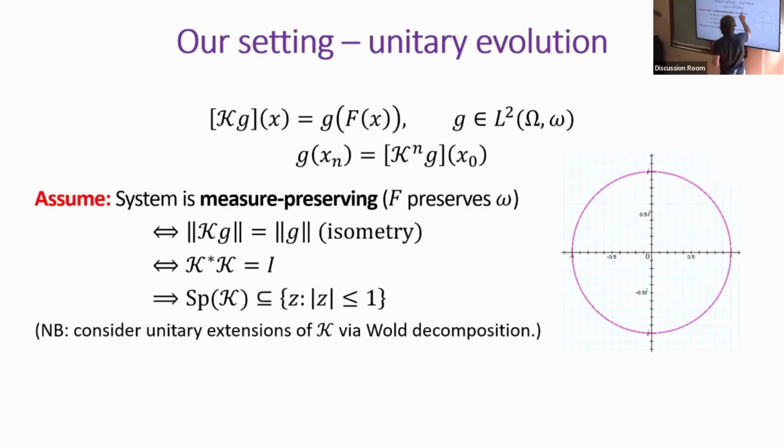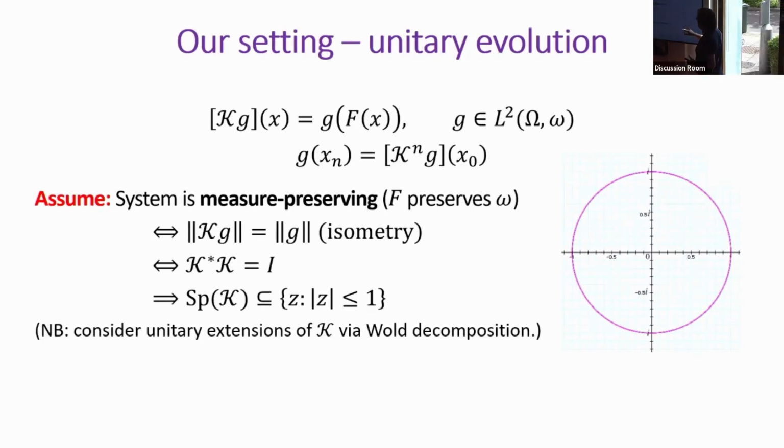So this F preserves the measure omega. This holds if and only if the Koopman operator is an isometry, if and only if K star K is equal to I. And this implies the spectrum is a subset of the disk. Now, if K is invertible, it's a subset of the circle, and the Koopman operator is unitary. If K is not invertible, then the spectrum is the whole disk.